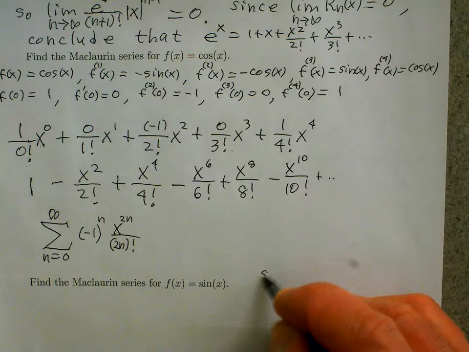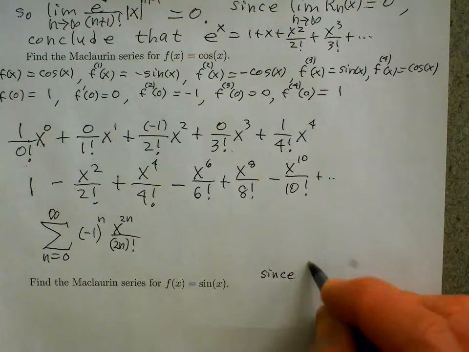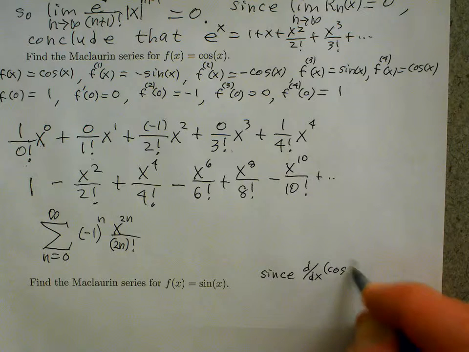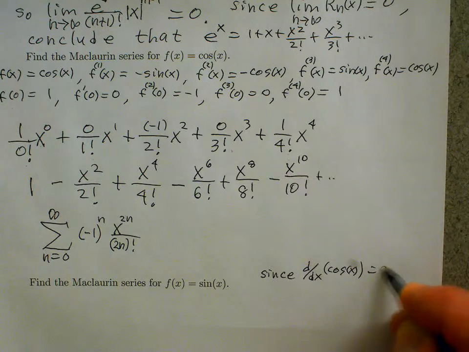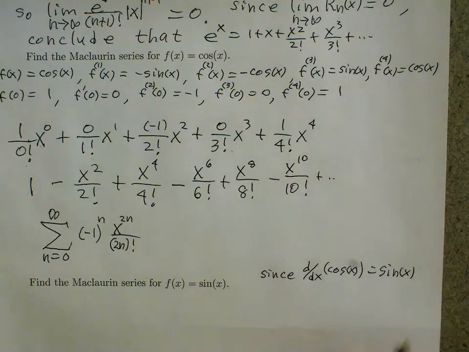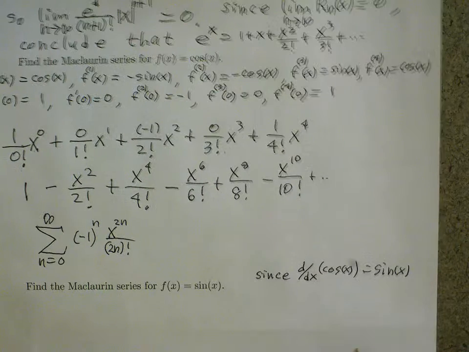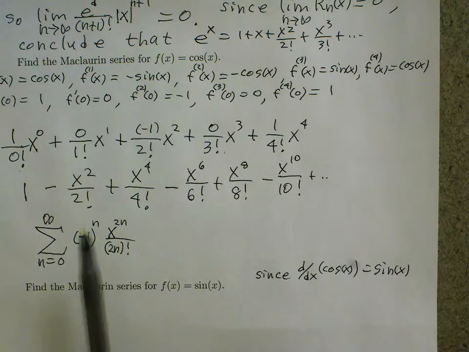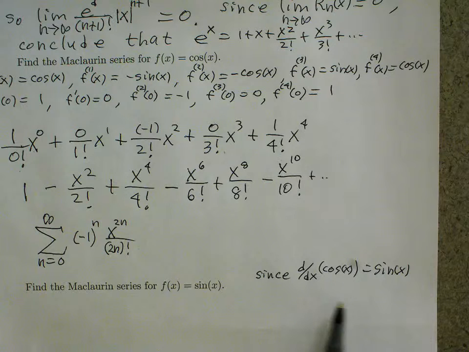Yeah, since the derivative of cosine of x is sine of x, we'll just take the derivative of the Maclaurin series for cosine of x, and that will give us the Maclaurin series for sine of x.